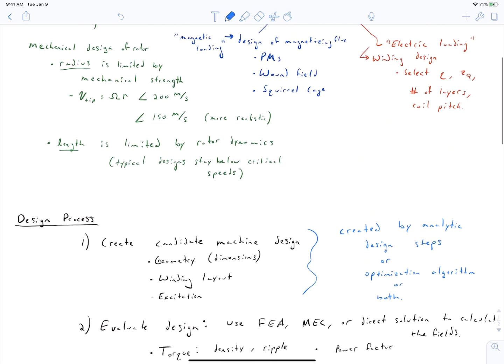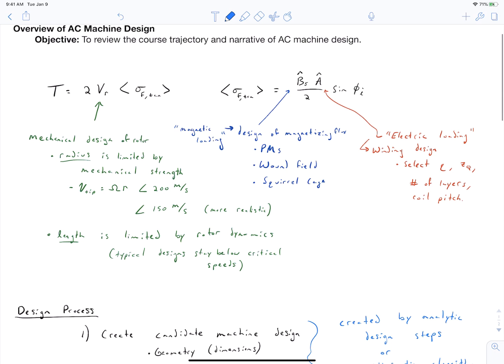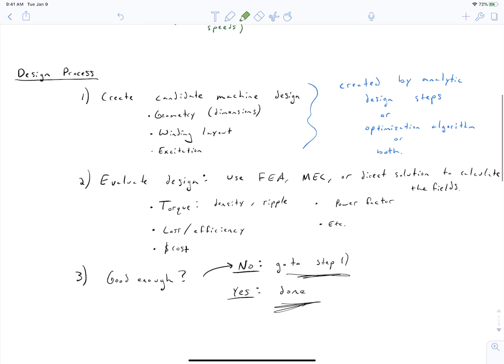So in summary, this video has given you an overview of the machine sizing process, and then use that to tie together all the units of the class so far. And that is the design of our main flux path and our winding design unit. And then we've given an overview of the machine design process, how we create a candidate design, we evaluate that design, and we decide whether the design is good enough.